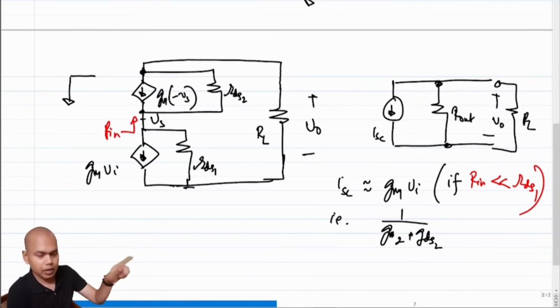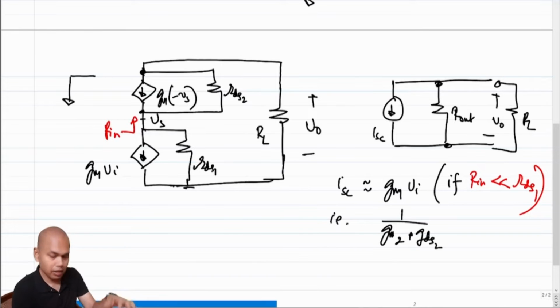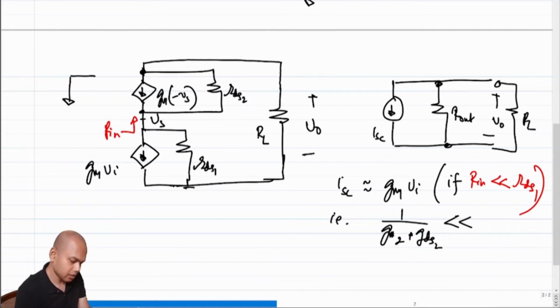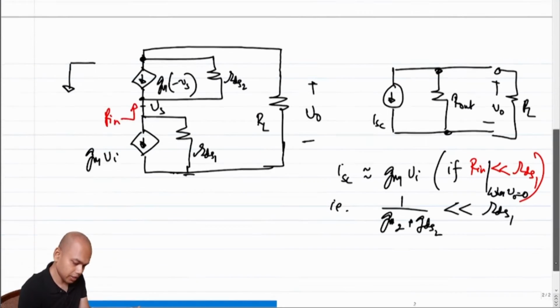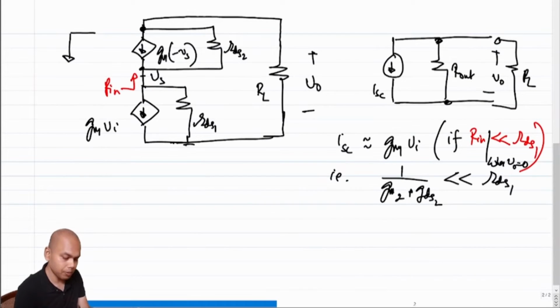This is the looking-in impedance when the output was short circuited, because we are trying to figure out what ISC was, so that is an important thing that you should keep in mind. So when this looking-in impedance, this is Rin, was much less than RDS1, this was the requirement. So this is Rin when V naught is 0. That is an important consideration, because otherwise the Rin will be different.